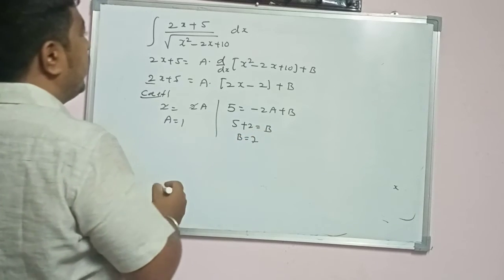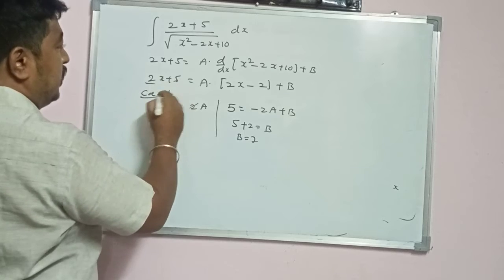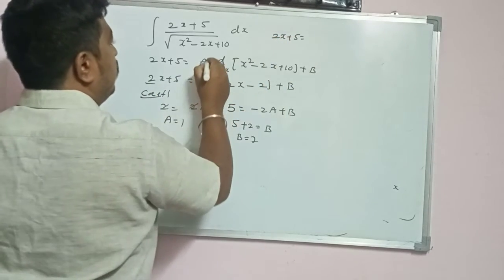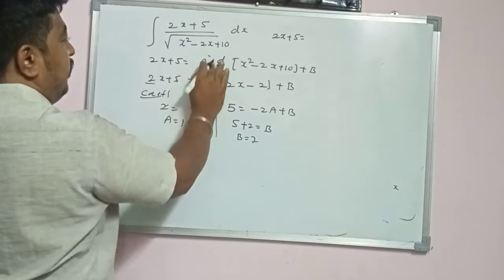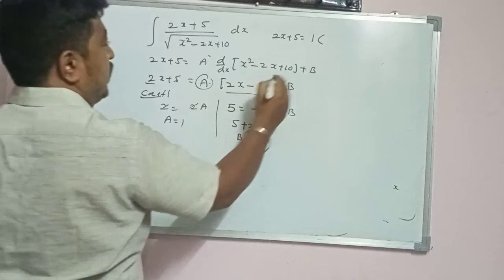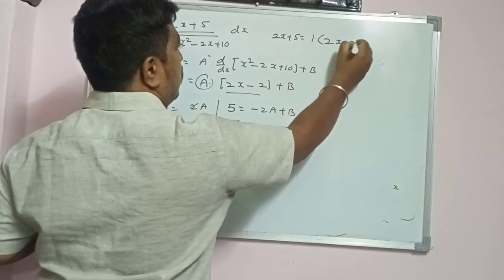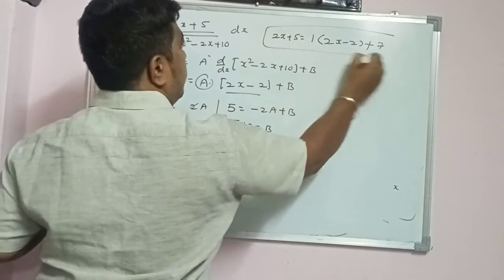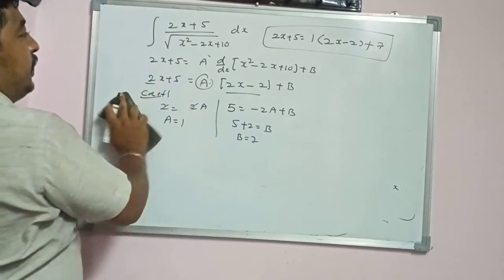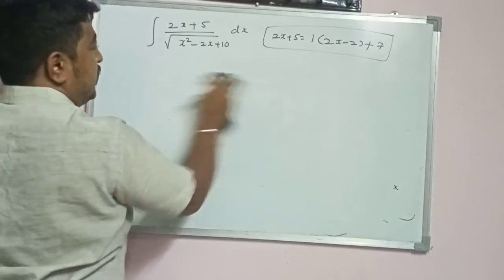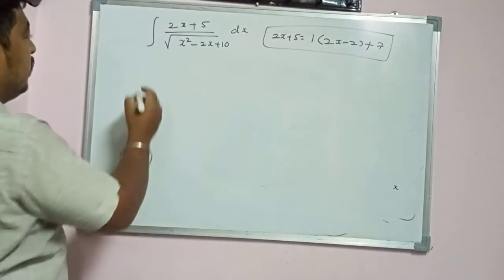So what do we write here? 2x plus 5 is equal to a times (2x minus 2) plus b, with a value 1 and b value 7. So in place of 2x plus 5, we write 1 into (2x minus 2) plus 7. Okay?